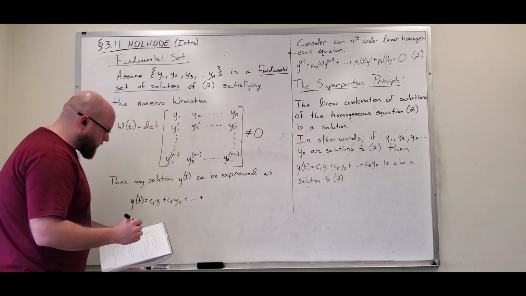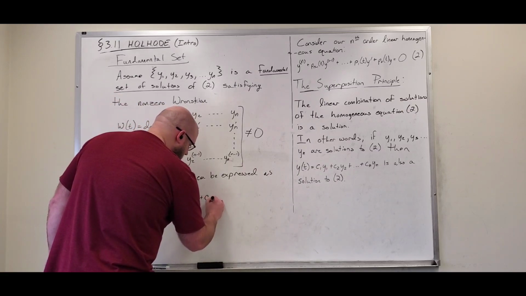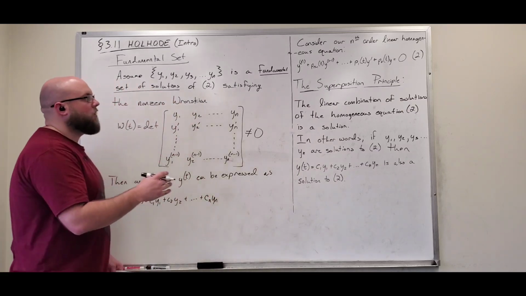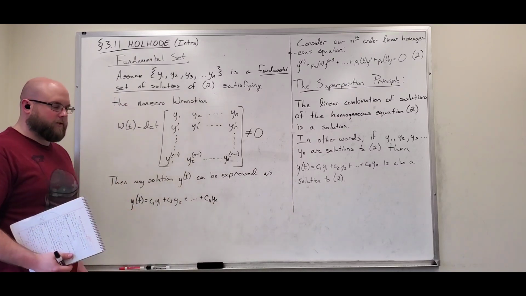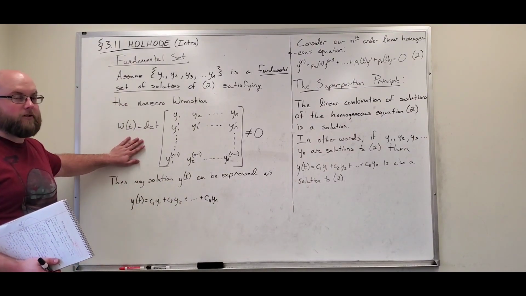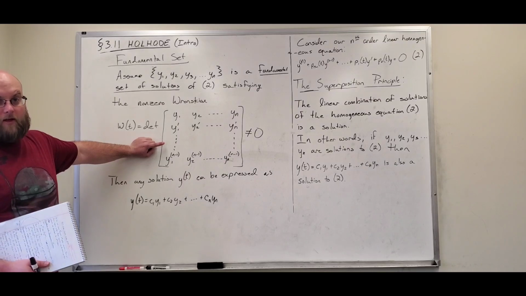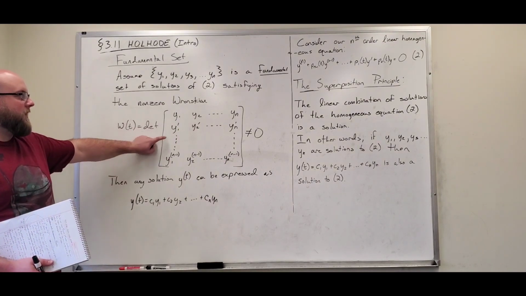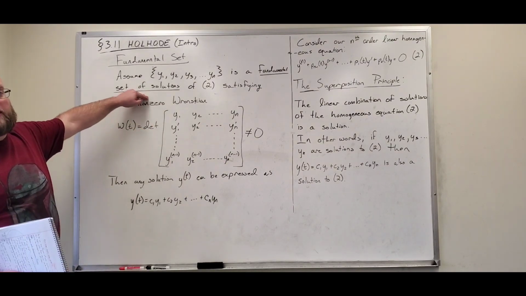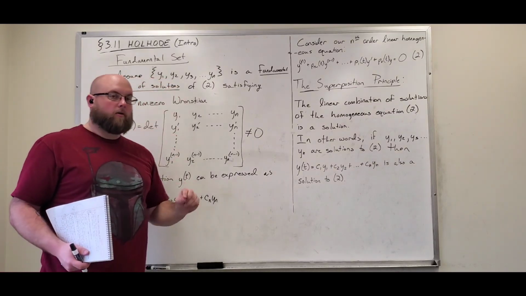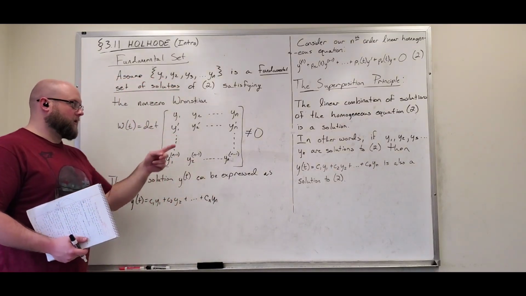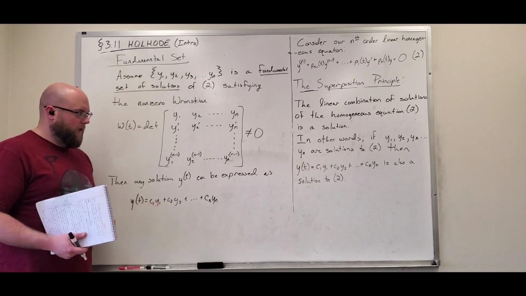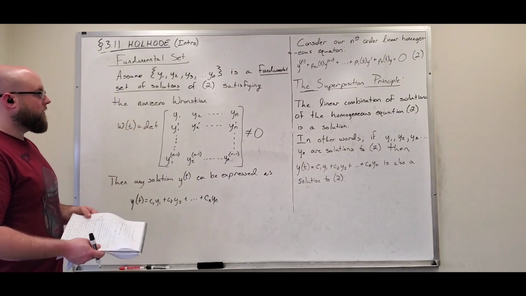So again, this is just reinforcing our idea that we talked about, the superposition principle. This is just an extension of this, using the Wronskian to talk about them being linearly independent of each other. So again, a fundamental set is those solutions that are linearly independent, meaning the Wronskian is not equal to 0 in that case.